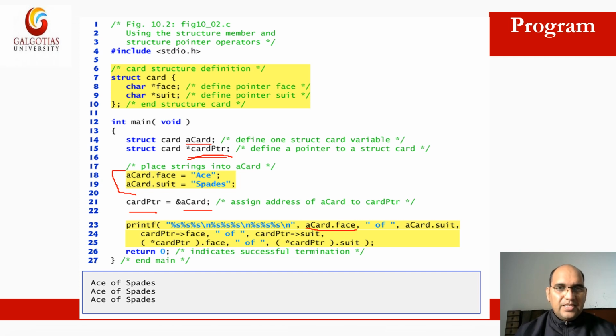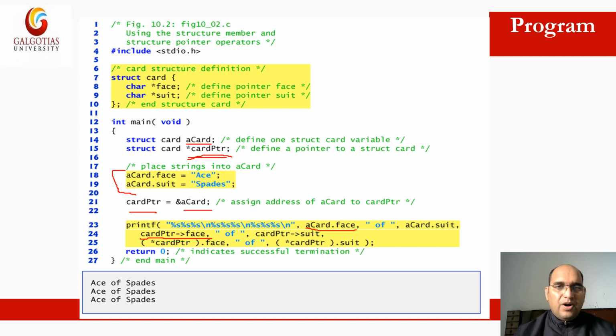The only difference here is that when you are using it with the help of a pointer, then you are using the arrow operator, and when you are accessing with the help of a normal variable, then you are using the dot. So card pointer arrow face will also print the ace value, right? And of will be printed as it is, and card pointer arrow suit will print spades, whatever values are stored there in the suit. The card pointer is pointing to a card. So in a card suit you have the value spades, right? So that's how it goes.